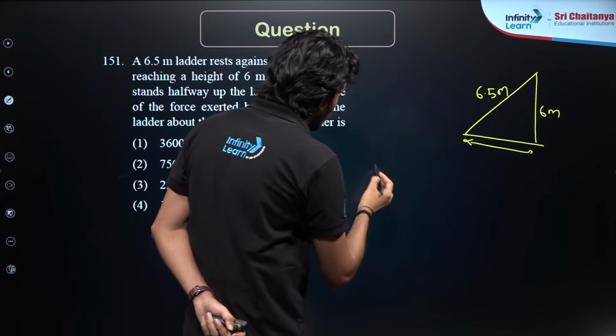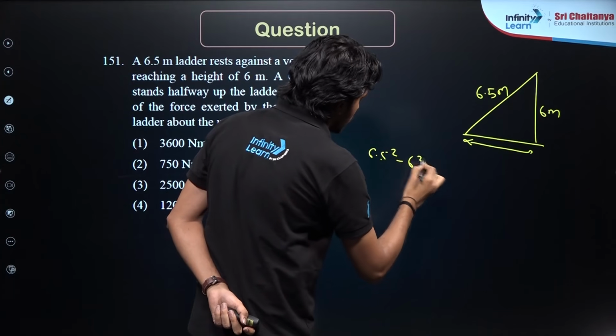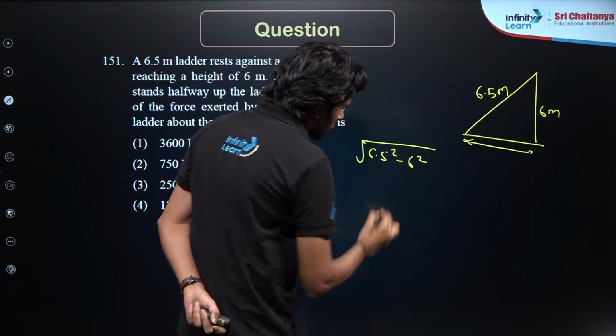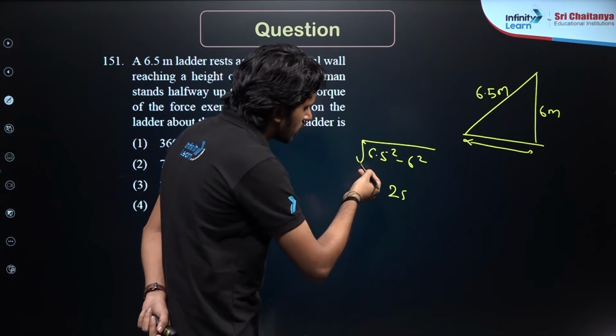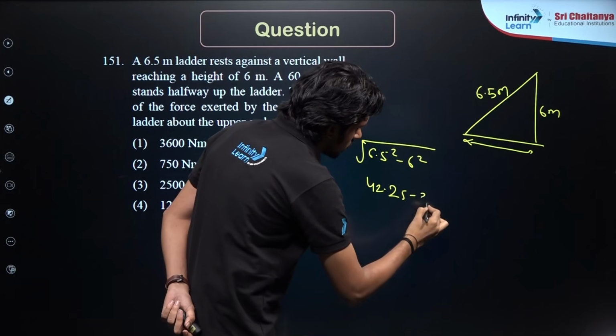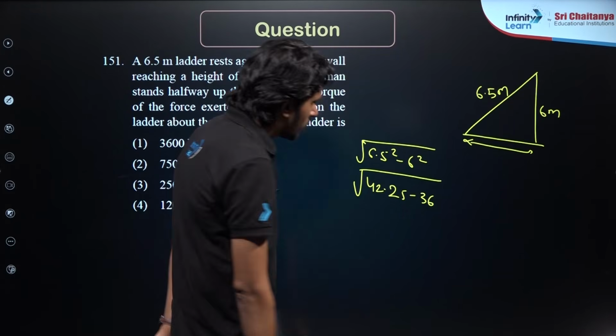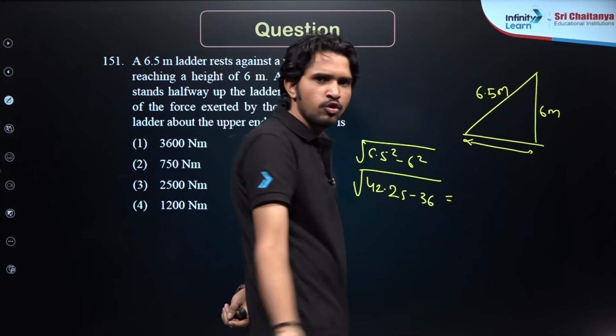So basically that will be the square root of 6.5 squared minus 6 squared. Okay, so 6.5 square, 5 5s are 25, 6 6s are 36 plus 6, 42, minus 36. Okay, then we have 6.25. Root 6.25 means what?